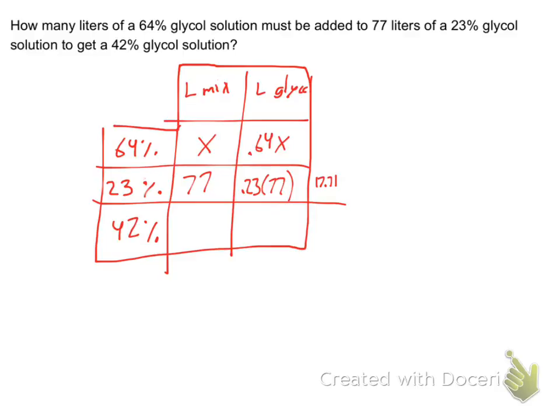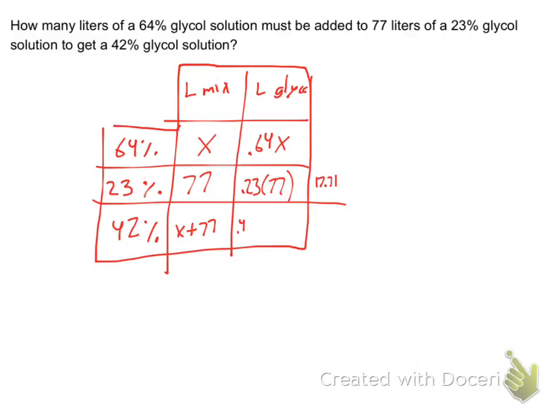But wait a minute. It said to do what when going down? Add. So what's that last row? 77 plus x, or x plus 77. I just like to keep my variables first, but yes, 77 plus x, or x plus 77. I'm going to multiply across first.